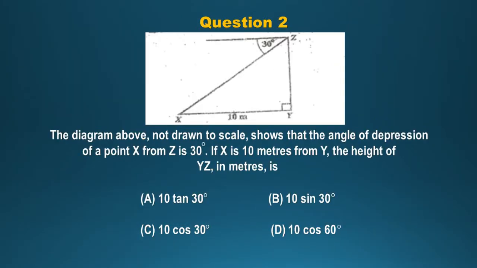Now, as we move to the second question, the item refers to the diagram below, and this is a very interesting diagram. The question reads: the diagram above, not drawn to scale, shows the angle of depression of a point X from Z, meaning the angle should be at Z looking down.